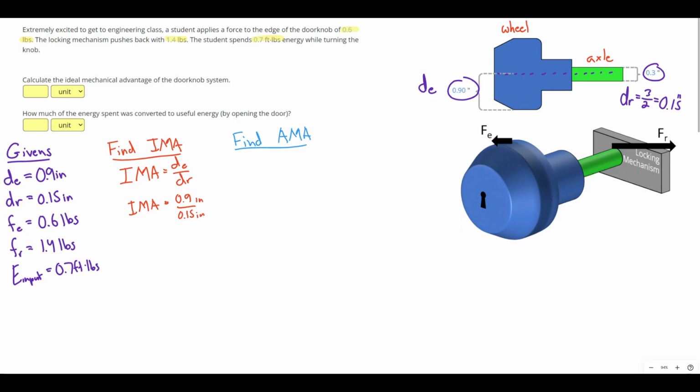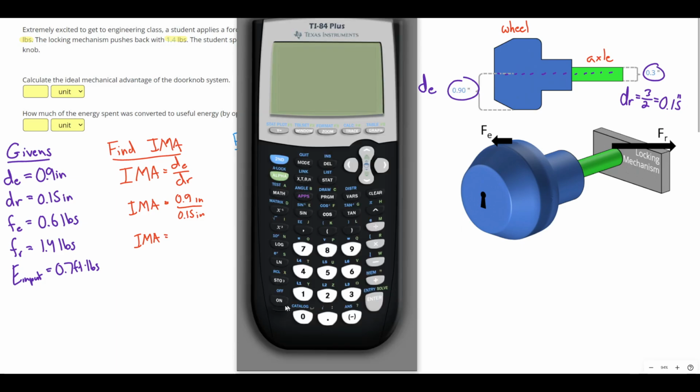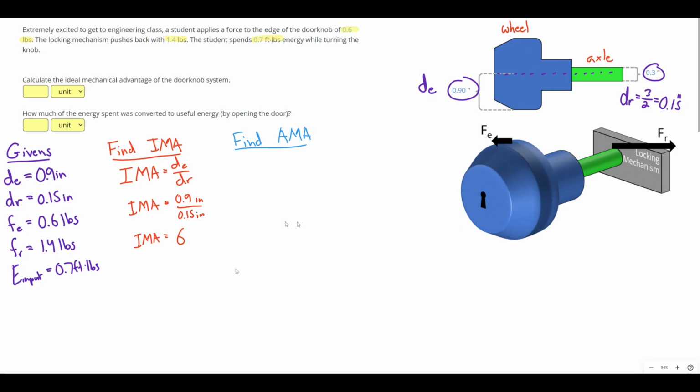These are both in inches, which will get canceled out. Let's pull up our calculator. 0.9 over 0.15, we get 6. So our IMA of 6.